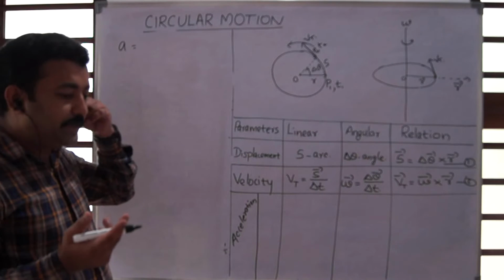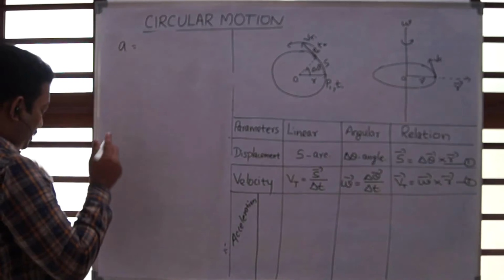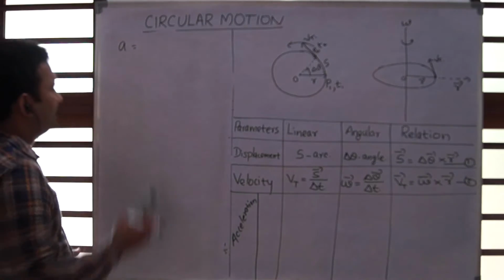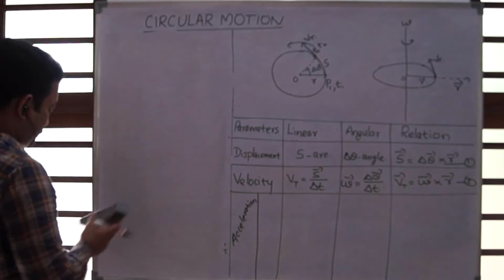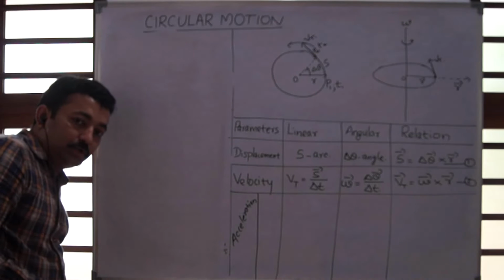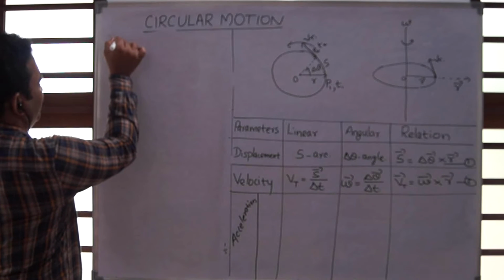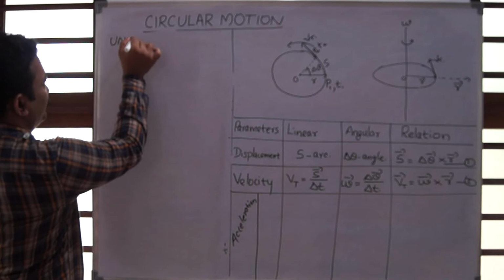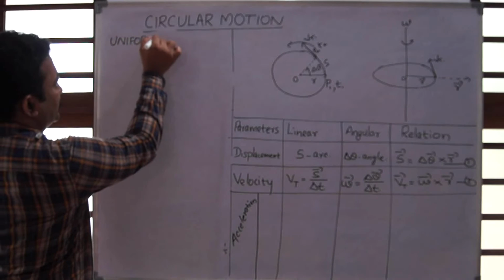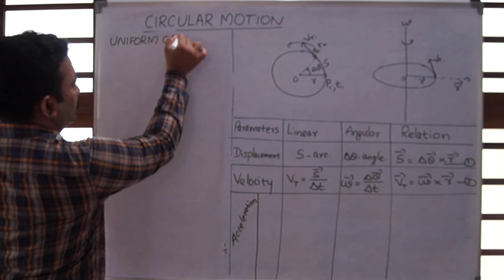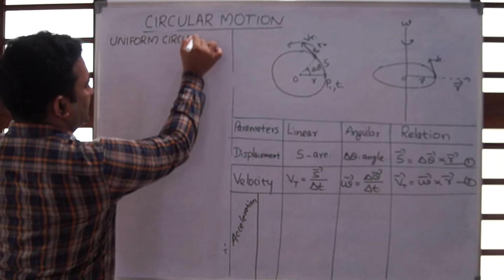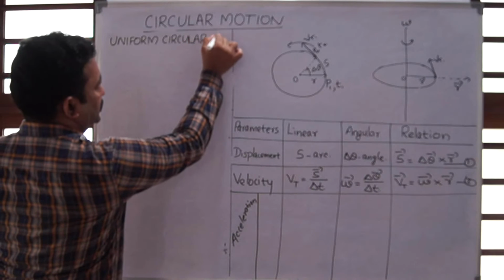Suppose the magnitude remains constant. If the magnitude is not changing, we will call that motion uniform circular motion.